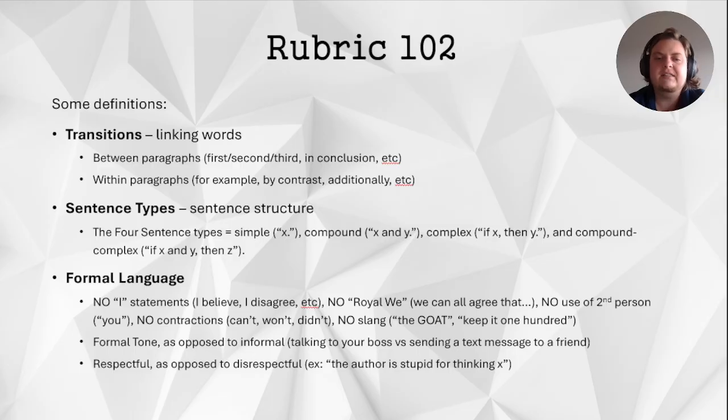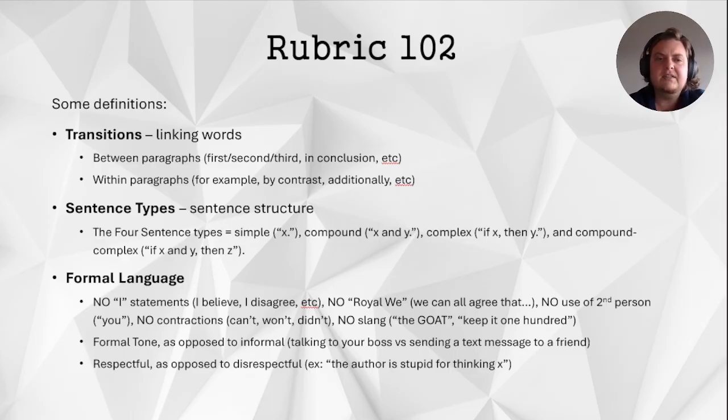So the 4 sentence types include simple, compound, complex, and compound complex. That's one of the grammar units that we're going to be going over in the future. So if that sounds confusing, don't worry about it just yet, but that's what we're referring to as sentence structure, how sentences are crafted, how different clauses are put together.